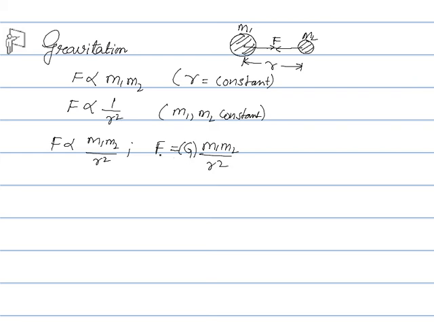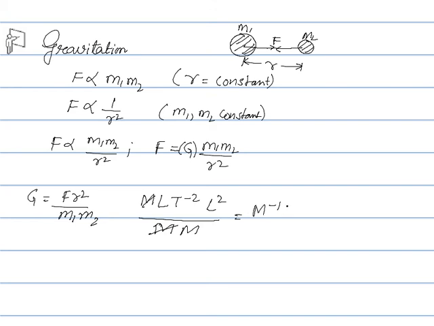So the dimension of G can be found: G equals F r square by m1 m2. F has the dimension m l t to the power minus 2, r square is l square, and m again in the denominator. Now this m cancels out, so this is m to the power minus 1 l cube t to the power minus 2.